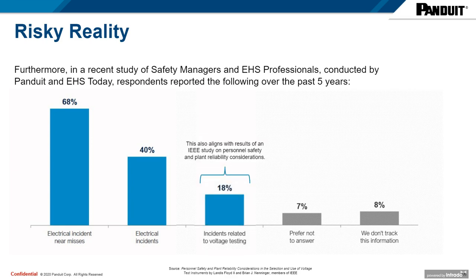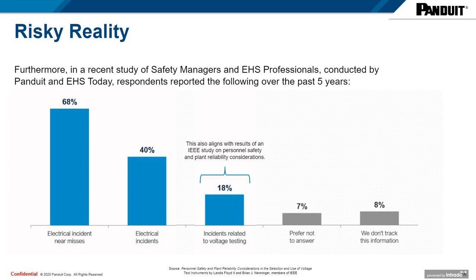If we look at the middle bar, the 40% who report an electrical incident, just under half, or 18% of the total surveyed, reported that their incidents were related to electrical voltage testing. This finding was particularly interesting as it directly aligned with a study published in an IEEE journal in the late 1990s around voltage testing incidents.